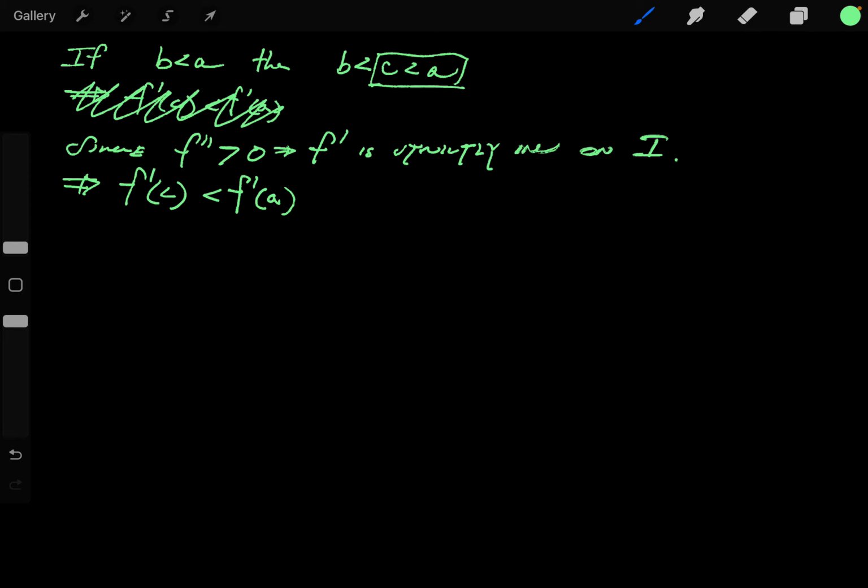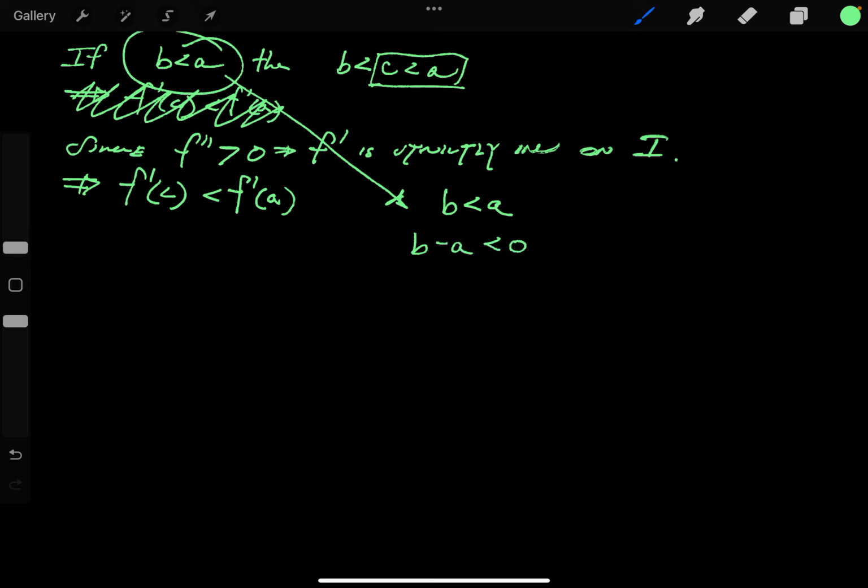Now, if you look at this again, from the fact that B is less than A, B minus A is less than 0. Therefore, when I multiply by B minus A on both sides of this inequality, it flips the other way, and I get this relationship.